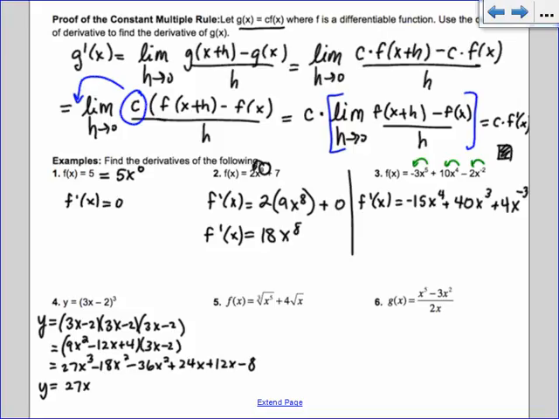So we get 27x cubed minus 54x squared plus 36x minus 8. So that means its derivative is what? Yep, Jay.